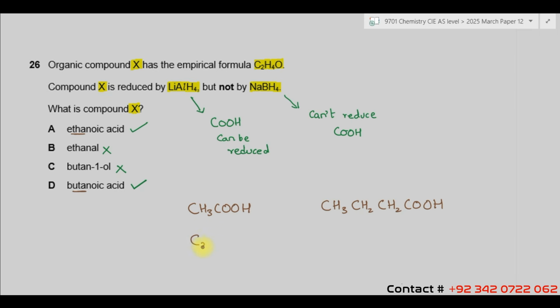So C2H4O2, and in this case we have C4H8O2. Let's simplify. So it becomes CH2O, and this one becomes C2H4O. It cannot be simplified further, so the one given in the question is this one, so that's why the answer should be butanoic acid.